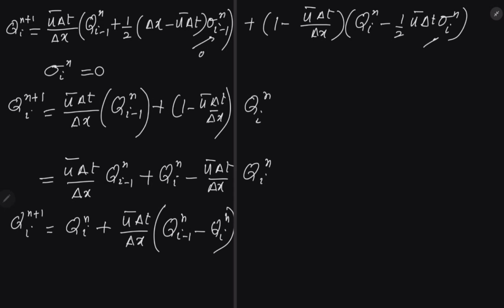So you can see that when q tilde was equal to a constant value, then we have an upwind method.